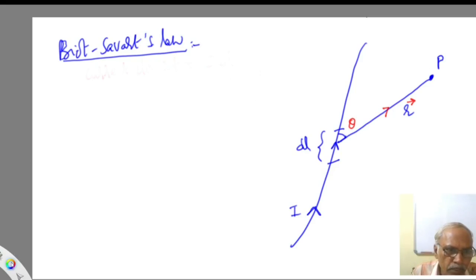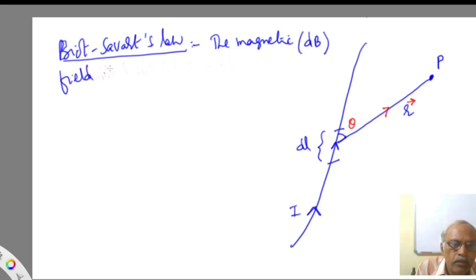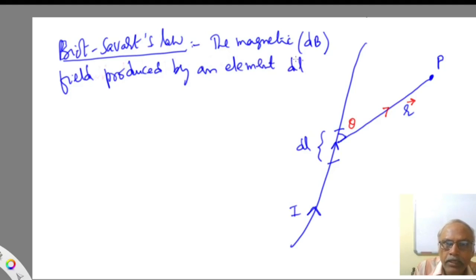As per Biot-Savart law, the magnetic field produced by an element dl at point P, at a distance r, is dB.